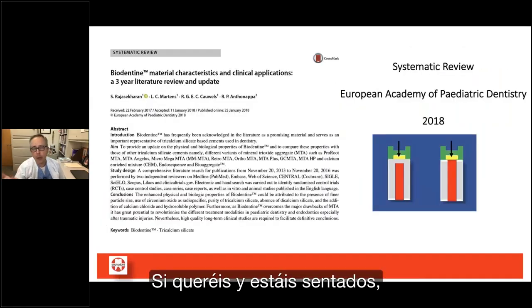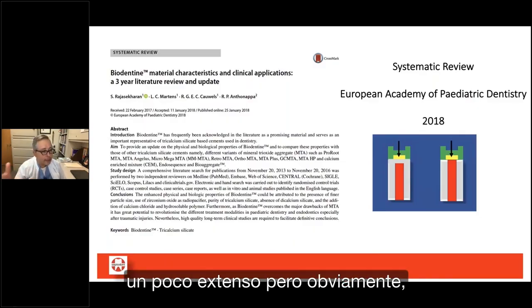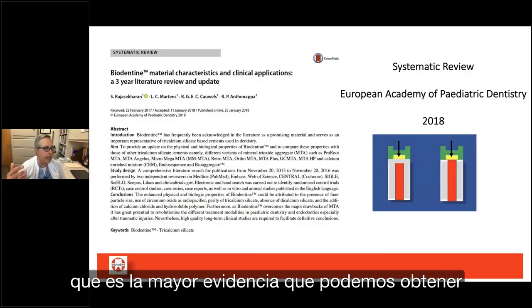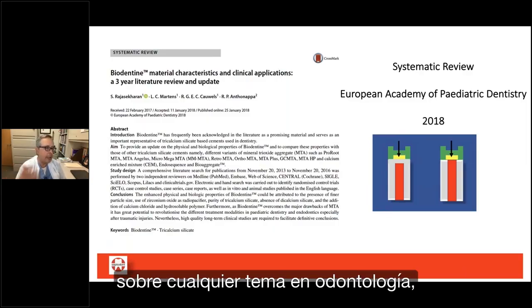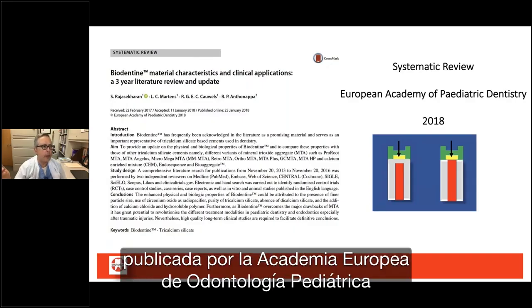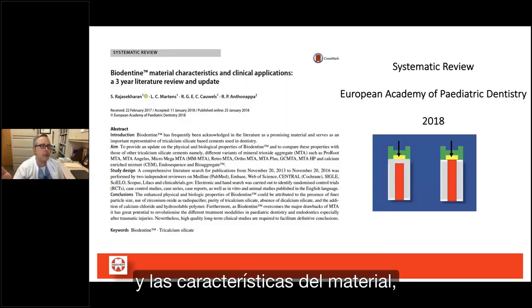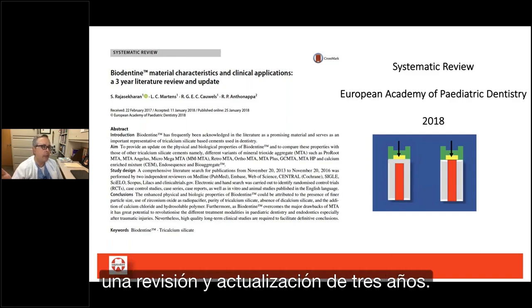If you want to read something a little bit extensive, this is a systematic review, which is the highest evidence that we can get about any topic in dentistry. It was published by the European Academy of Paediatric Dentistry in 2018, just before COVID, about the clinical applications and the material features, a 3-year literature review and update.